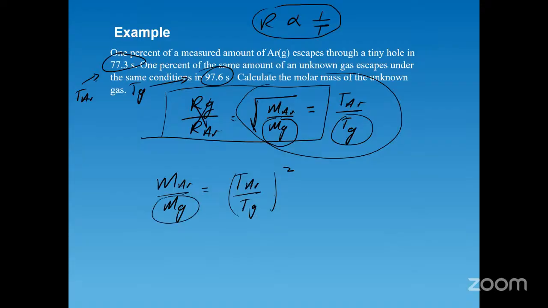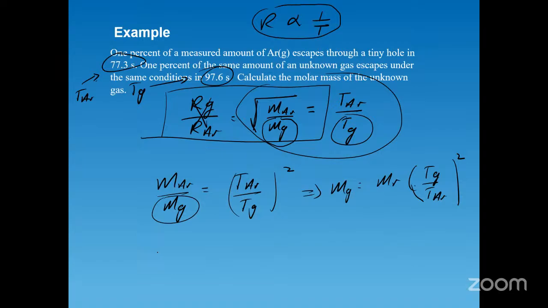What we need to find is this right here. So the molar mass of the gas would be equal to the molar mass of argon times the time of diffusion of the gas divided by the time of diffusion of argon, both squared. So put that there.